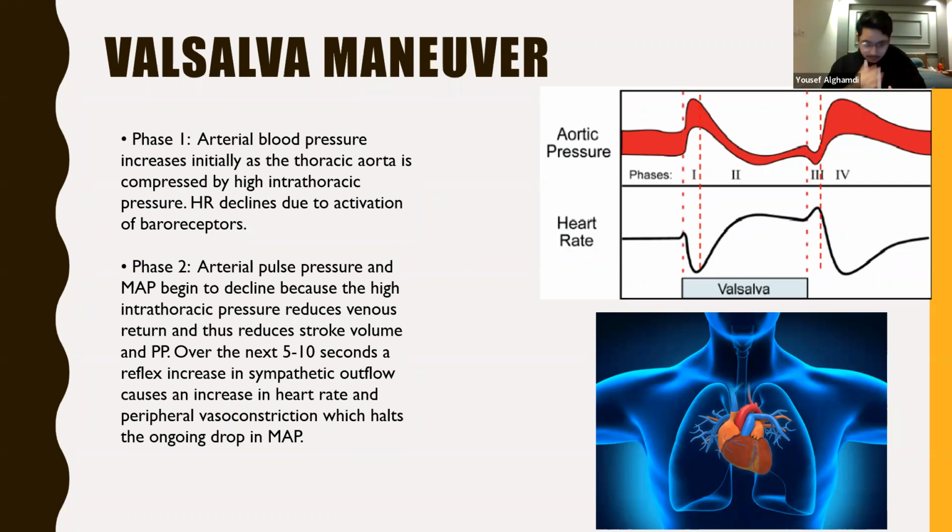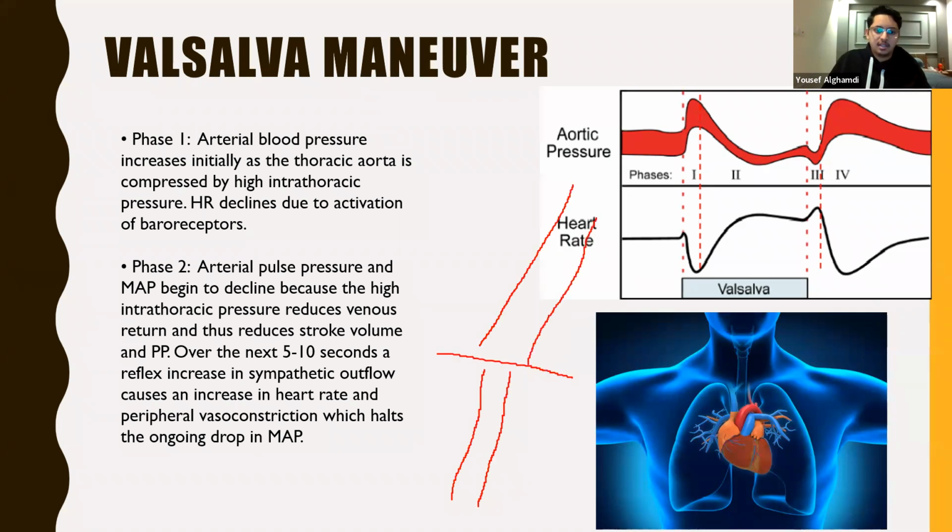Why is that? Okay, let me draw. So this is an area of your veins. Let's say this is your lower limb. This is your upper limb or thoracic area, okay?